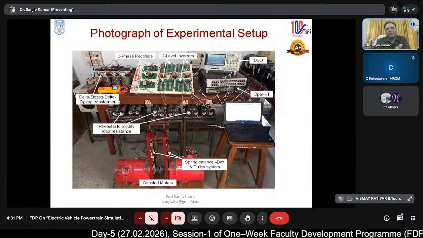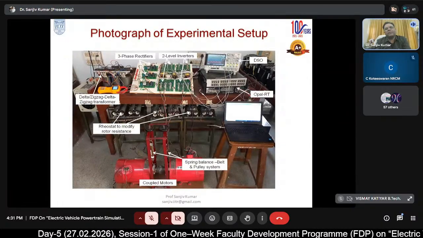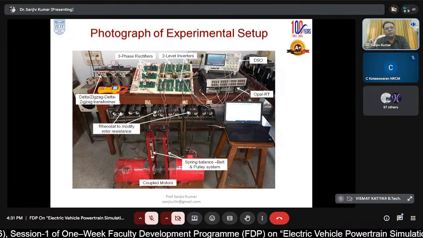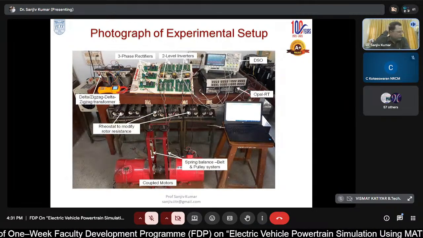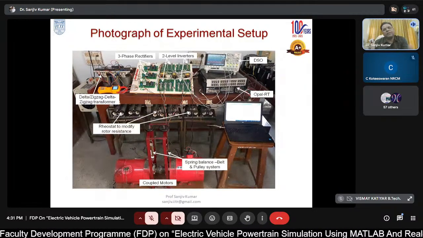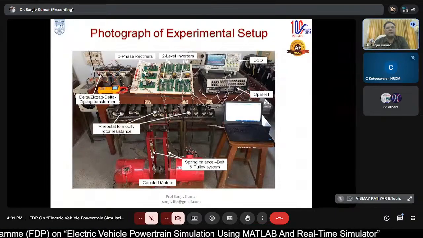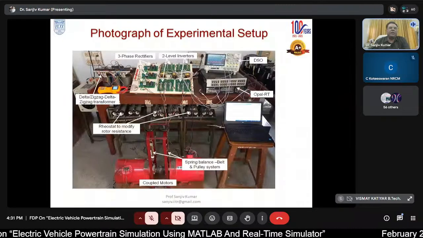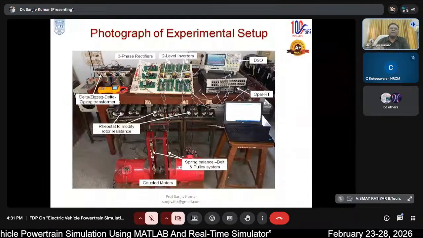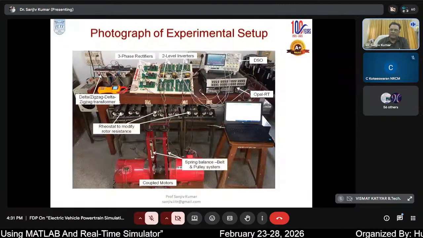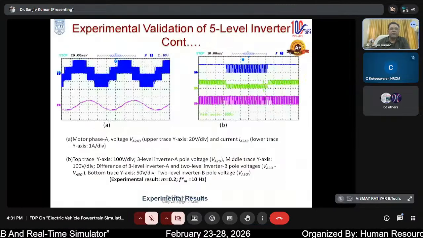Because this research project was related to industry, the sugar industry, where they use two induction motors. So rather than using a simple induction motor, we use two induction motors, and that too open-end winding induction motors, and these are fed by all four inverters, and the THD and everything improves wonderfully.